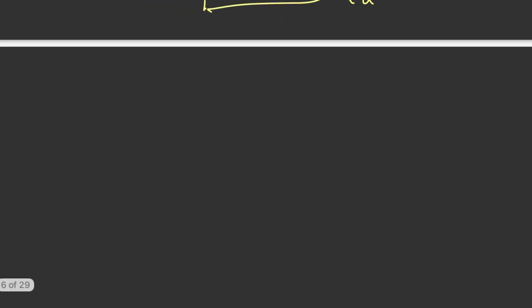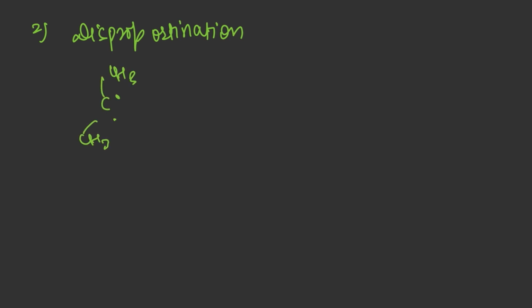Next tendency of free radical is disproportionation. Now how does a free radical disproportionate? Let's say we have a 3 degree free radical which combines with another free radical which is also of 3 degree. So what does disproportionation mean?